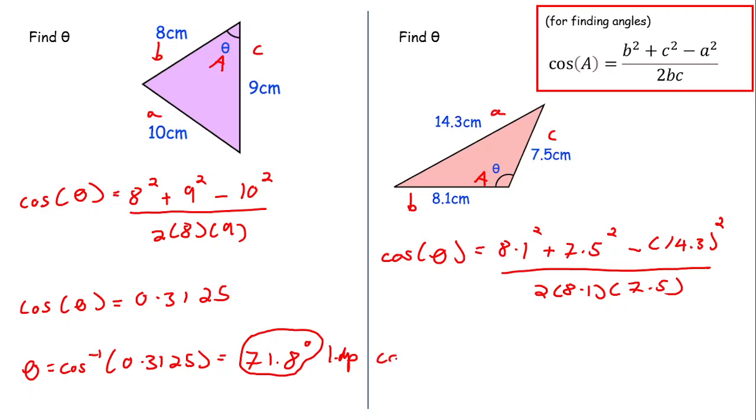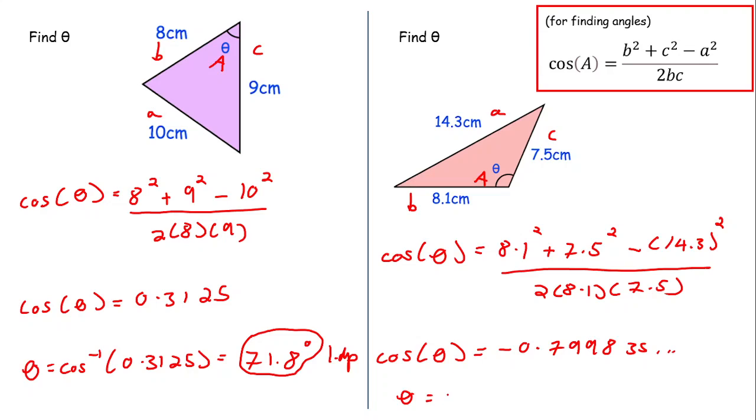Plug that into our calculator, and I'm anticipating a negative decimal here, which is okay. Let's just double check though. So 8.1 squared, add 7.5 squared, take away 14.3 squared, over 2 times 8.1 times 7.5 is negative 0.79983, and so on and so forth.